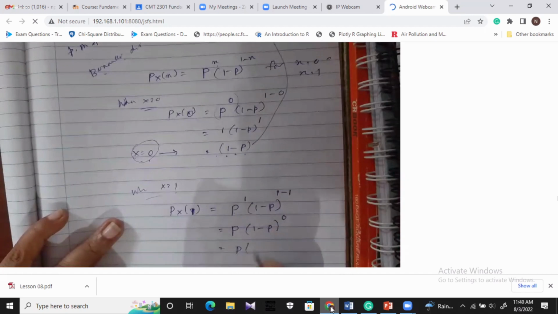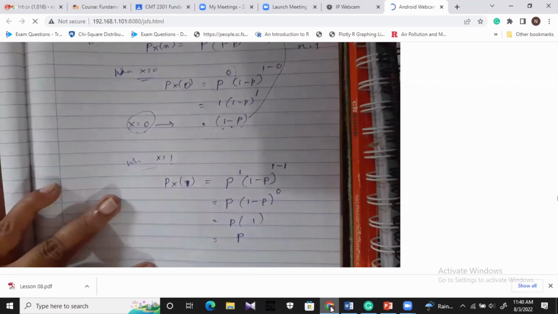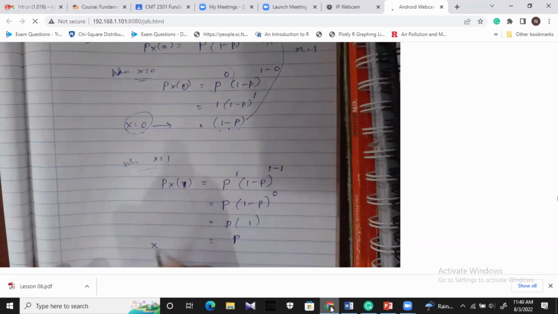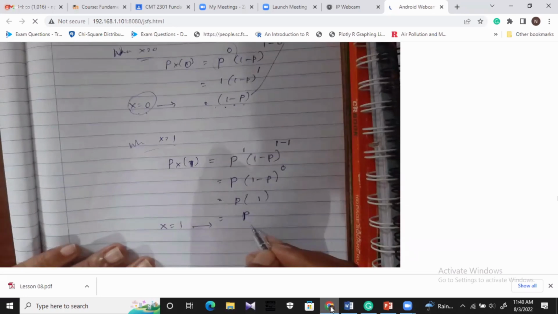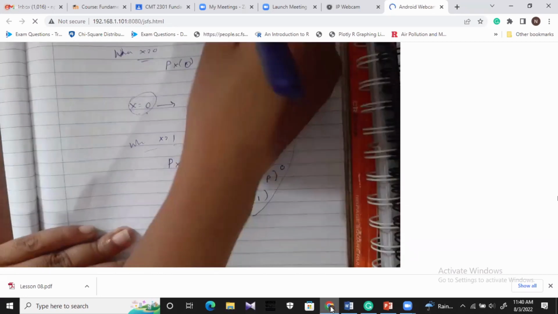You know (1 minus p) to the power 0 gives 1. Therefore, we will end up with simple p. And you can see that when x equals 1, the probability of a success is simple p, and that is the same as this.